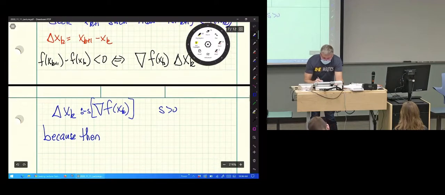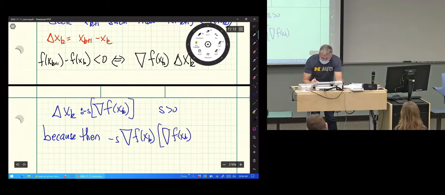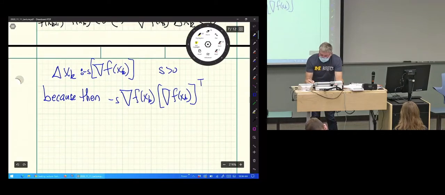Because then, what do I have? Okay, I get a minus s, then I get the gradient transposed, but here's an m vector, here's its transpose, so that product is the norm of the gradient squared.